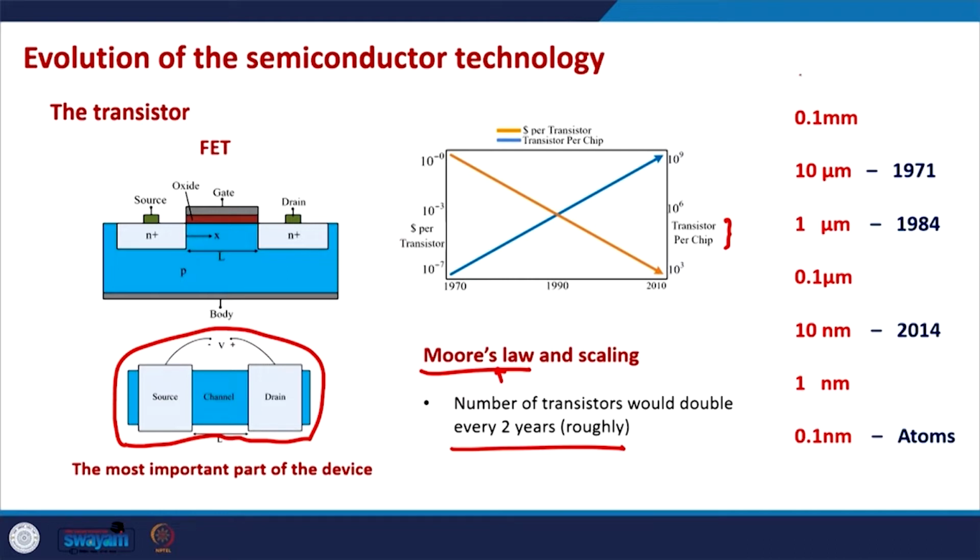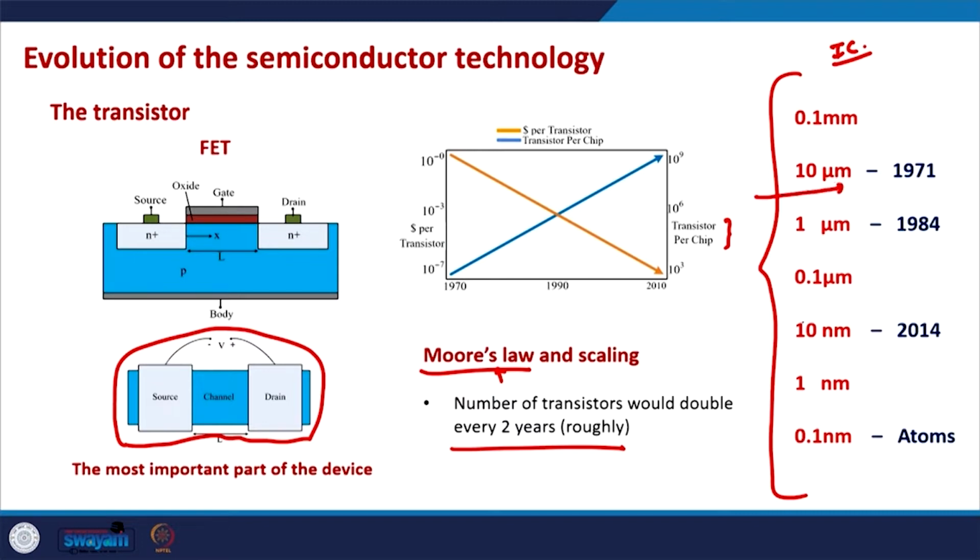So this is roughly the channel length of the transistor since the last 40-50 years now. In the 1970s, when the integration of transistors started, when the IC technology was being used and refined, the size of the transistors was in tens of micrometers.